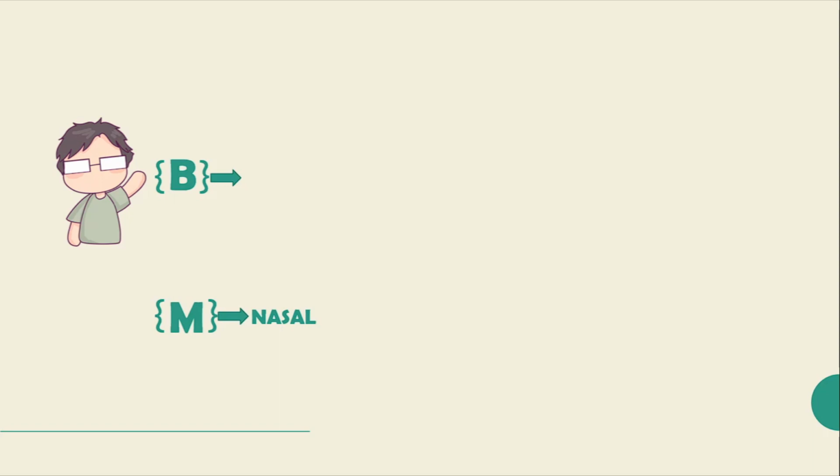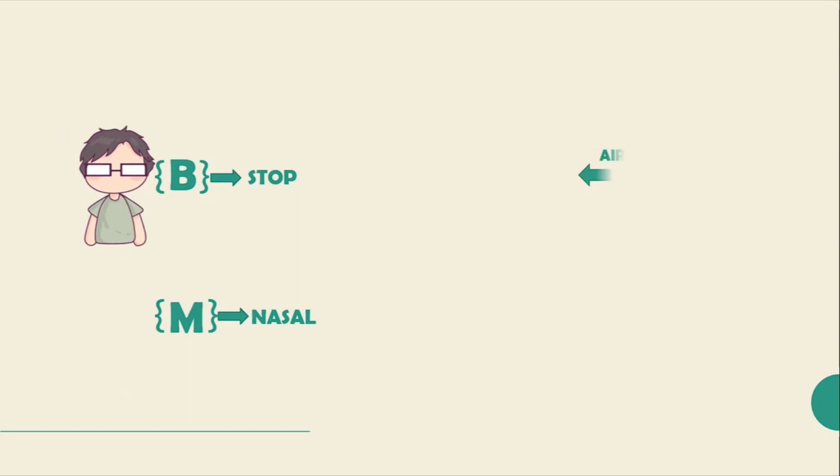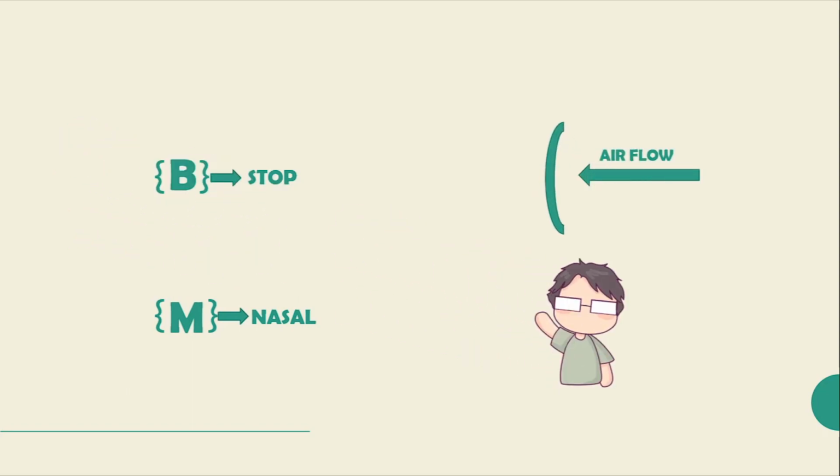And suddenly, you feel that the air is completely blocked and then released all of a sudden to create the B sound. So this is what we call a stop sound. A stop means that the airflow is completely blocked and then all of a sudden released.